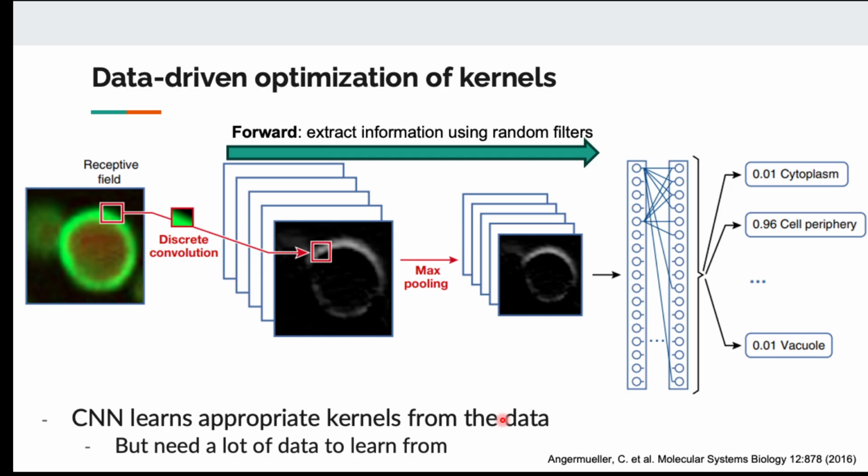So when we apply it to cells, they are able to identify characteristics of the cell that are good enough to identify either cell type, maybe growth condition, treated or untreated, or maybe the organelles inside the cell.